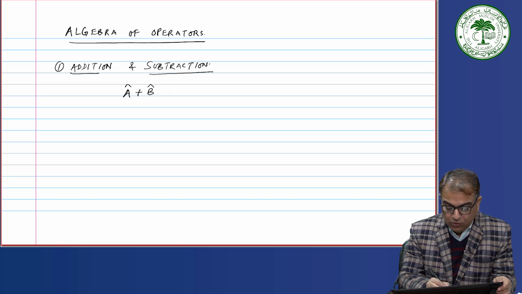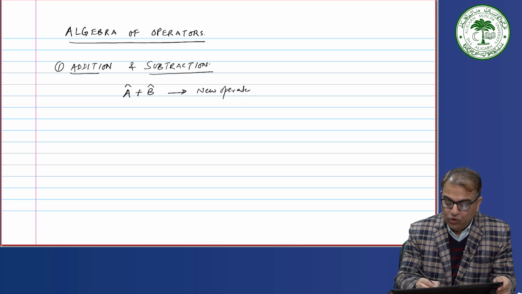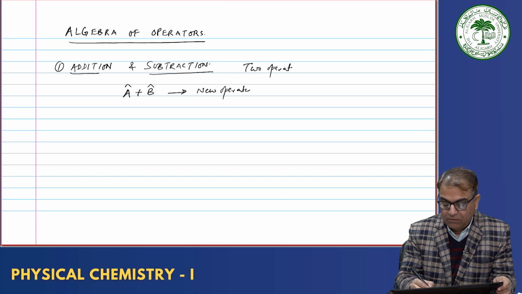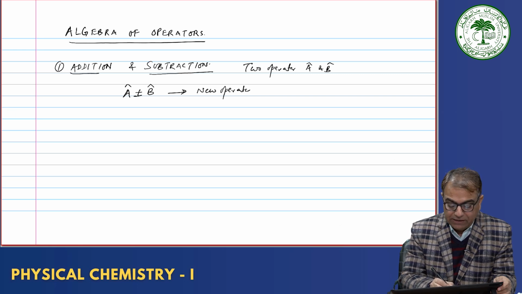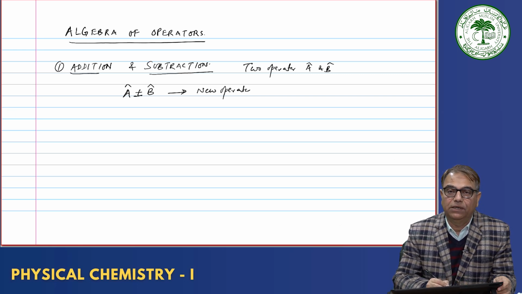then you get a new operator. You have two operators, A and B, and if you add these two together, you get a new operator, or if you subtract, then also you get a new operator.